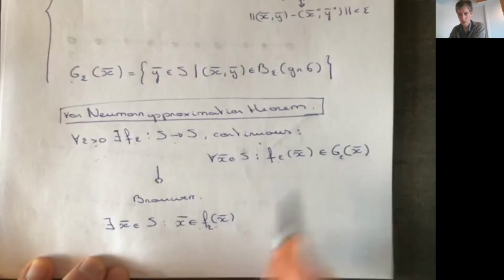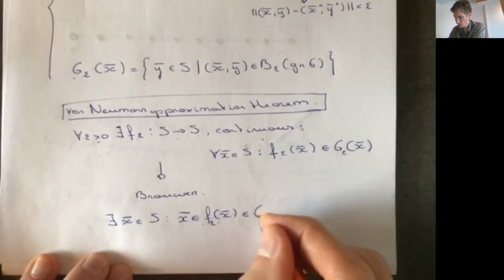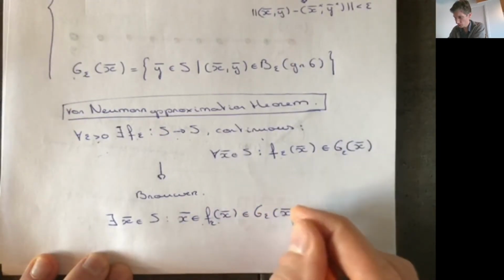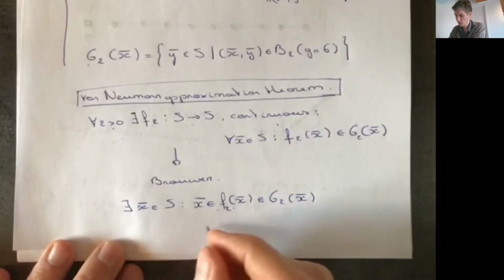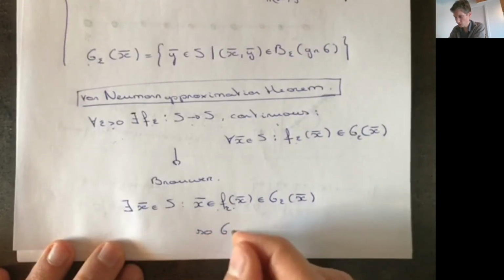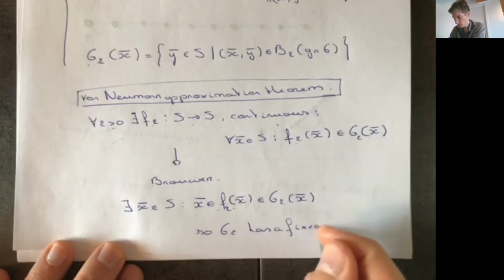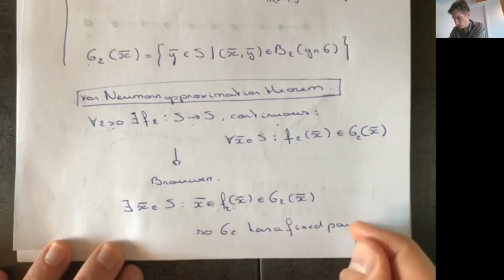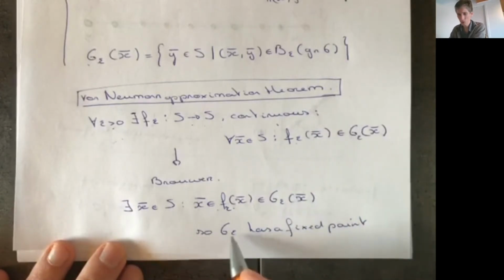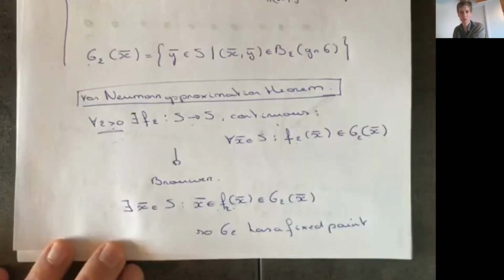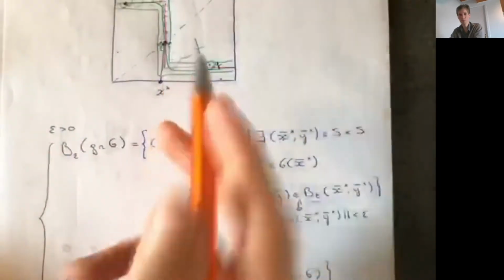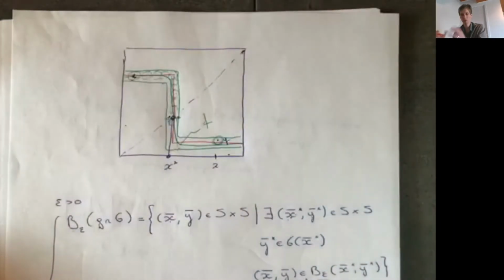And because this condition is satisfied, I know that x is in G epsilon of x. So G epsilon has a fixed point. And this holds for every epsilon that's strictly bigger than 0. So for every expanded version of this G, I can find the fixed point of G.